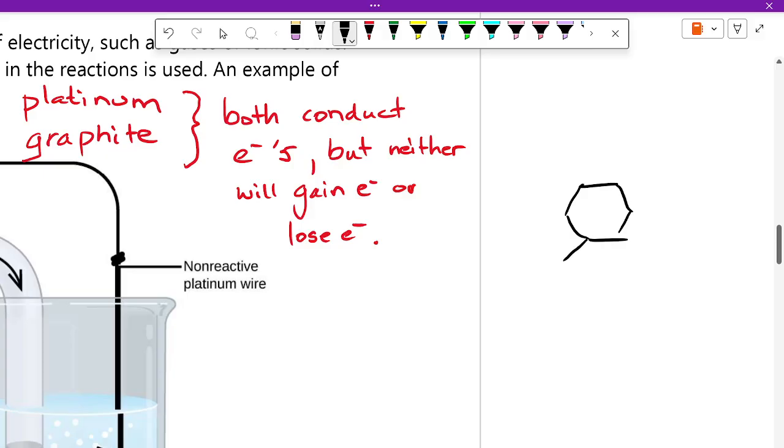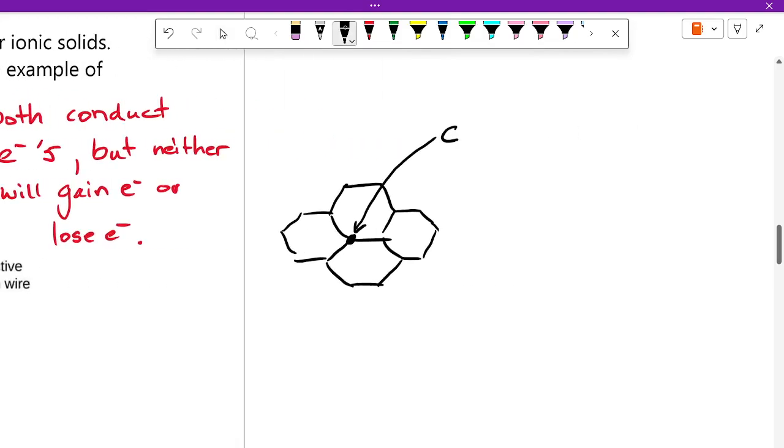So at each corner of these hexagons is a carbon atom. So if this is a carbon right there, how many bonds does it have? It has 4 bonds.